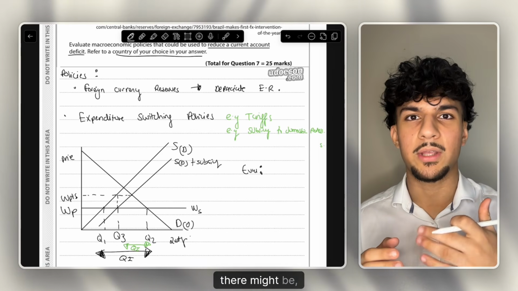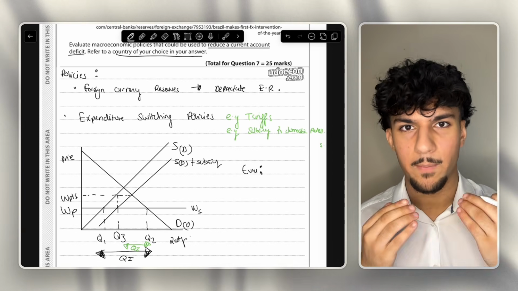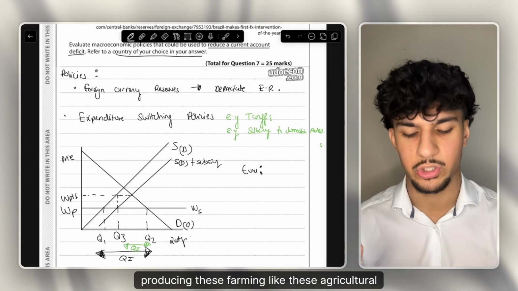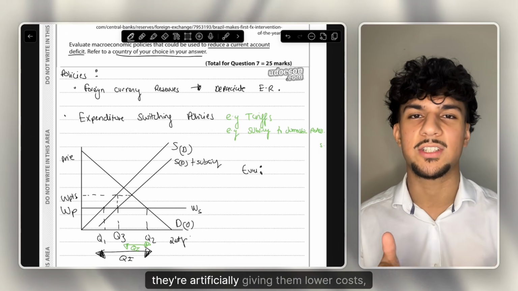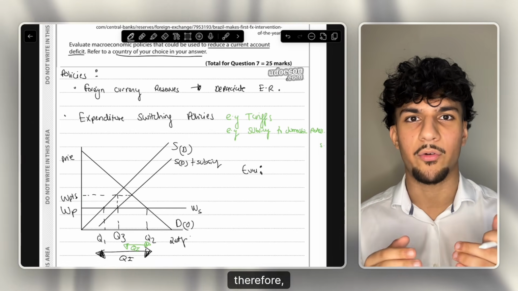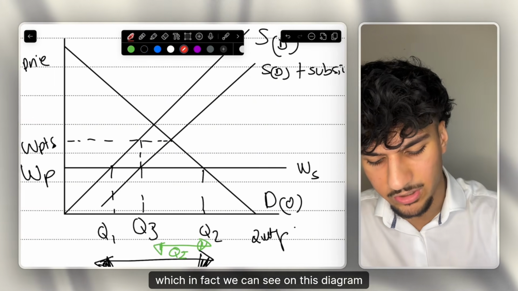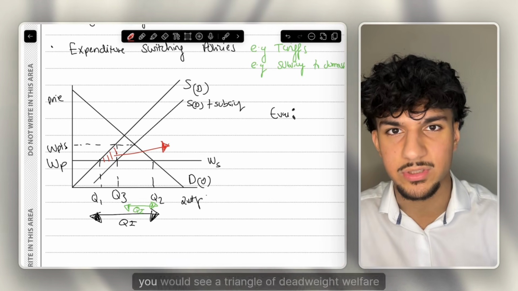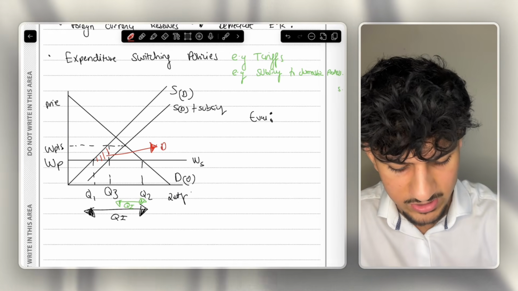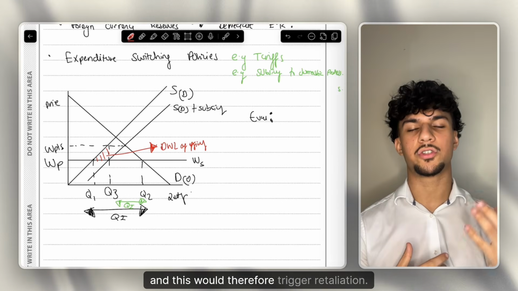For example, there might be farmers across the world who have a lower opportunity cost of producing these agricultural goods, whereas by the EU subsidising them, they're artificially giving them lower costs, therefore distorting the theory of comparative advantage, which in fact we can see on this diagram. This triangle here is just like on your tariff diagram where you would see a triangle of deadweight welfare loss. This is also deadweight welfare loss of efficiency, and this would therefore trigger retaliation.